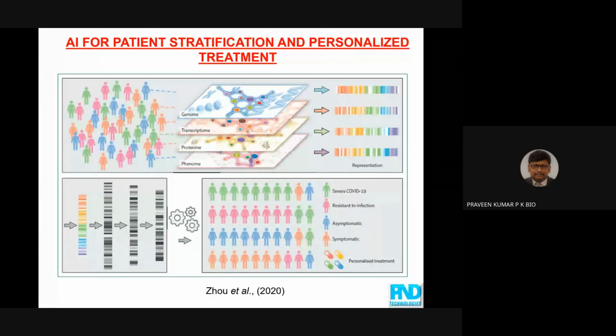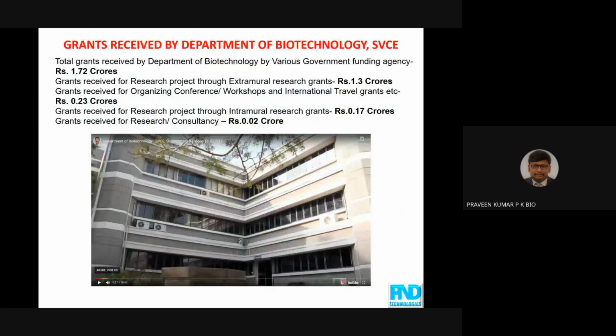For COVID-19, maybe a day 2 patient, day 4 patient, day 6 patient, day 8 patient. If you want to treat these patients based on the stages, even the dosage and type of drug can be varied with respect to this kind of treatment. So a precision-based approach can be used with AI.